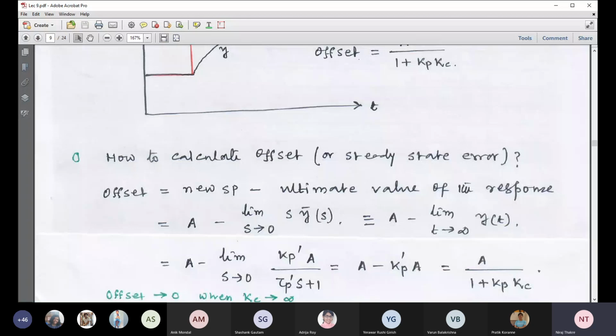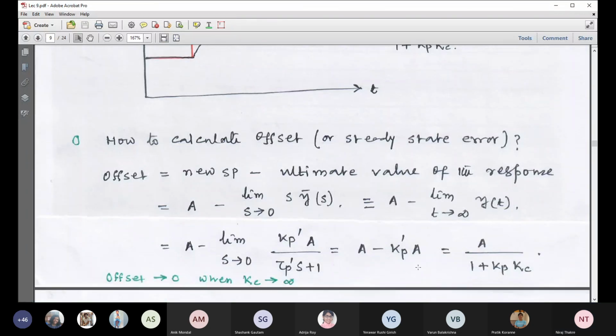So accordingly what we get? You see, accordingly we get this. Our new set point is A, and if we apply the final value theorem in Laplace domain, we have this expression.